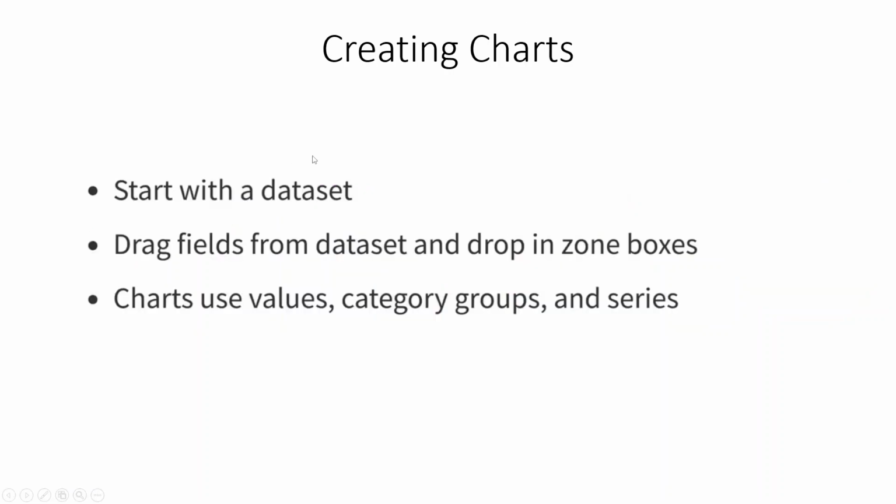Creating charts. It starts with a dataset. Drag fields from the dataset and drop them into zone boxes. Charts use values, category groups, and series. Now when you're creating charts, you'll follow a similar process as creating a data table or a matrix.